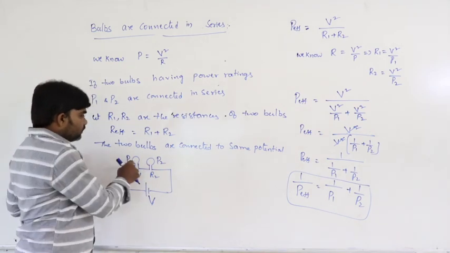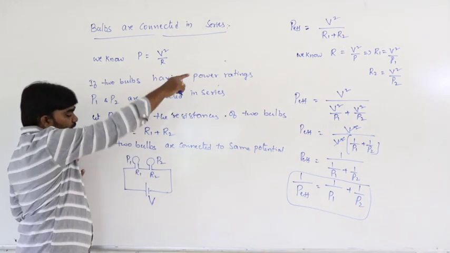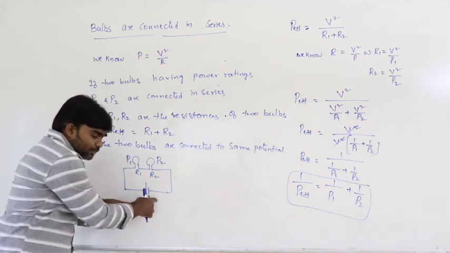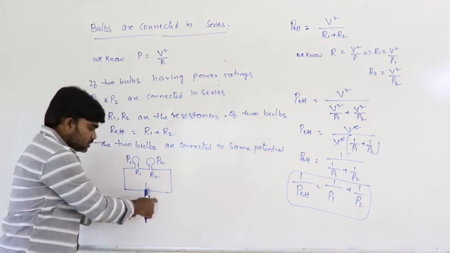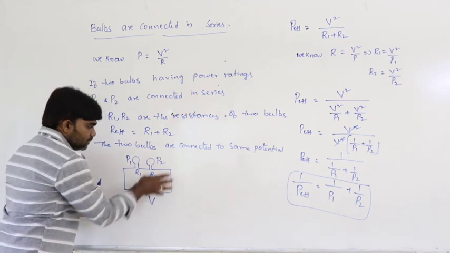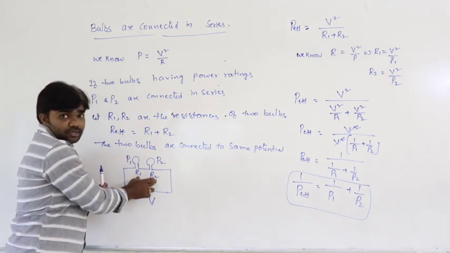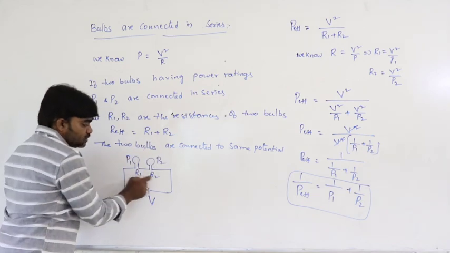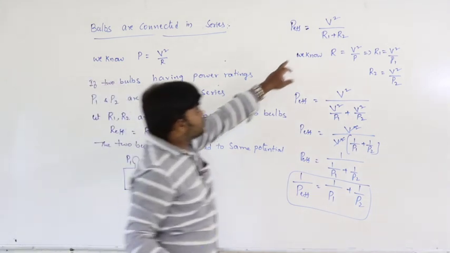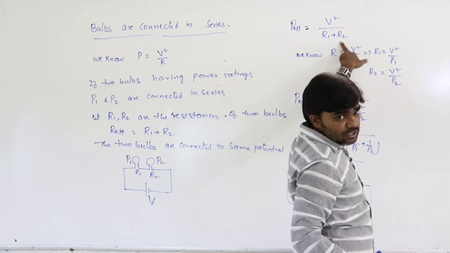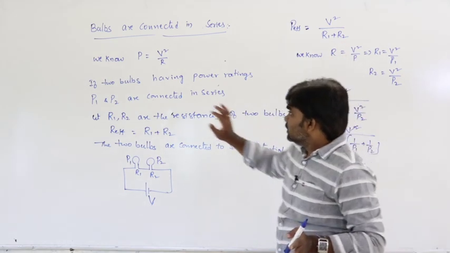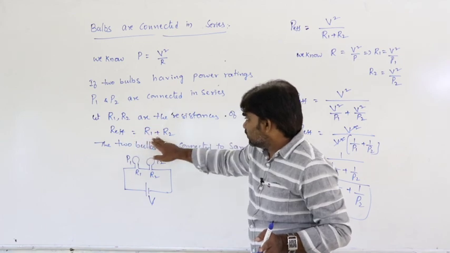Now for example, effective power is V square by R. What is the total potential here? Total potential is V. That's why it is V square by the total resistance of the combination, which is R1 plus R2. That's the main thing here: the resistance is R1 plus R2.